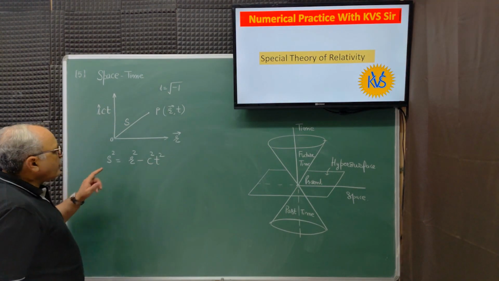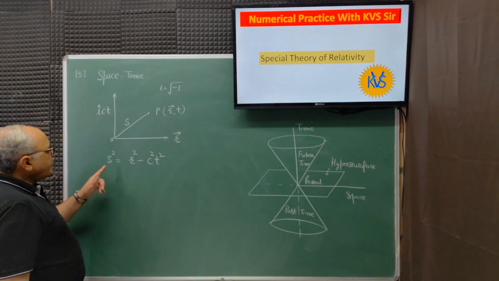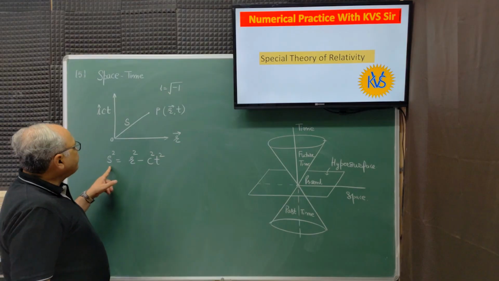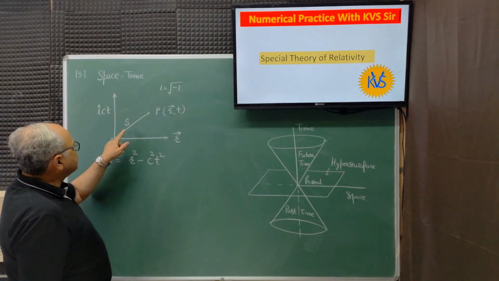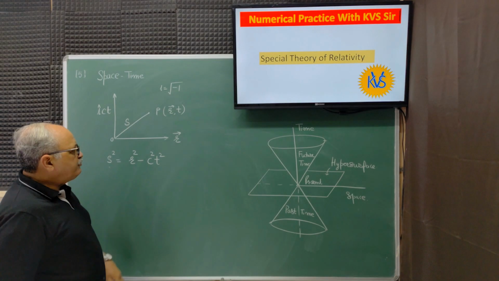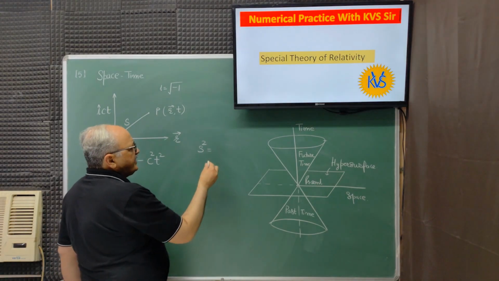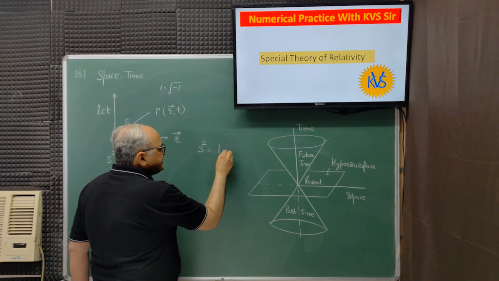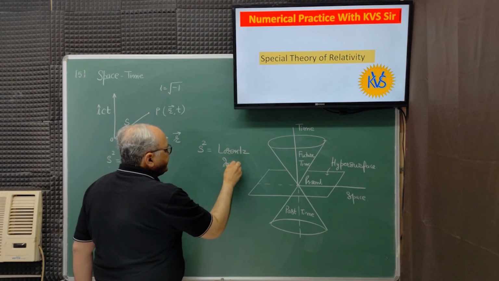But here it is very important to note that there are two important properties. If you observe this space-time distance, that is s, from any inertial frame, you will find that s square, or s, is Lorentz invariant.